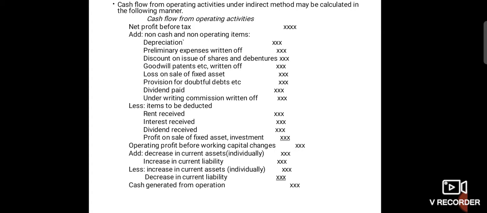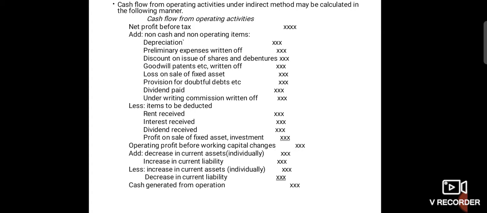That's why we add back loss on sale of fixed asset. We have already recorded it in P&L, but it is not related to operating activities; it is related to investing activities. So we have to write it in the cash flow statement under the head cash flow from investing activities. Here we have to add back, because in P&L we have already deducted it.